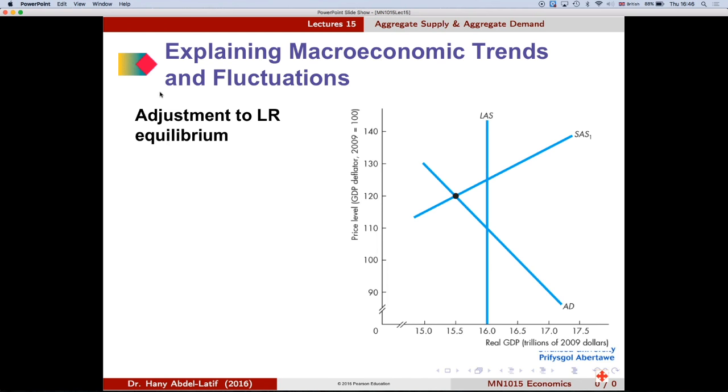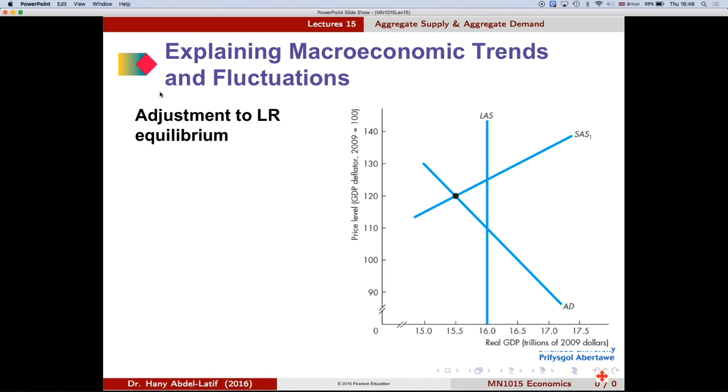The black dot here is the intersection between the aggregate demand and the short run aggregate supply, which means this is the equilibrium in the short run. Okay, so this is the short run equilibrium, and in this example you see it happened before the potential GDP, so it is below the potential GDP level.